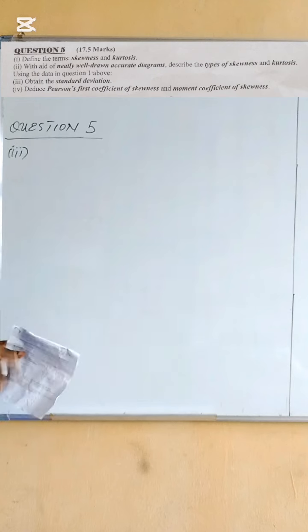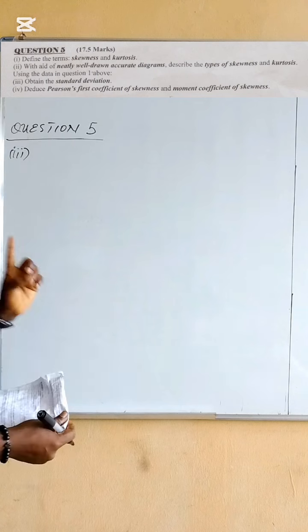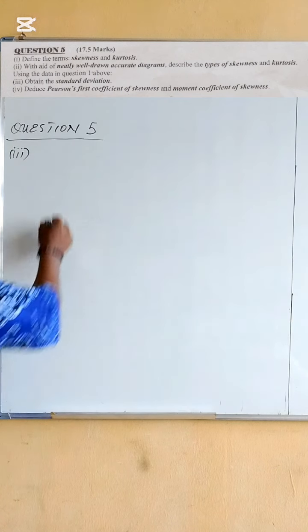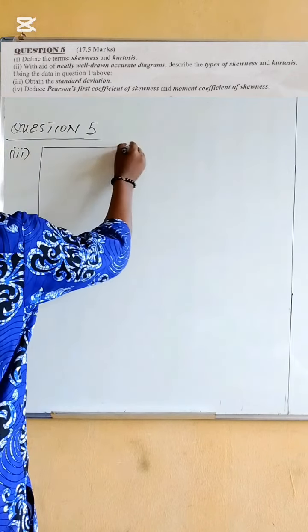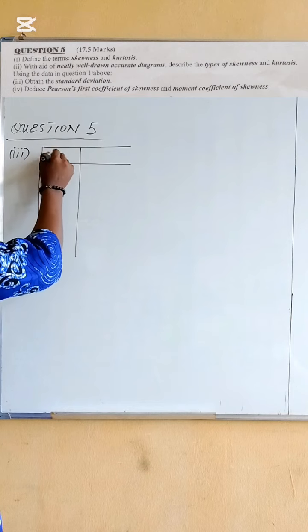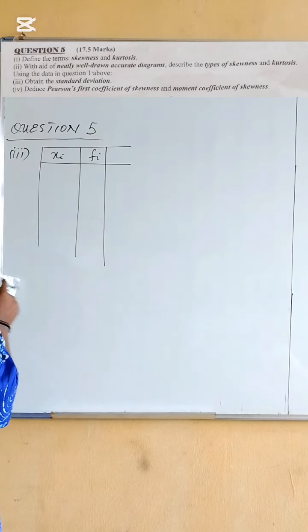Now let's go to question 3 of number 5, which demands that we find the standard deviation. Okay, so using the data in question 2, please, not question 1. Recall that the data in question 2, I'm going to reorganize it at once, is such that the average scores of students was taken to be our xi, and our fi's were taken to be the number of students.